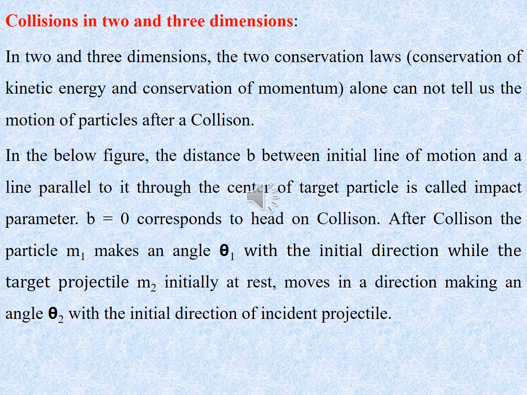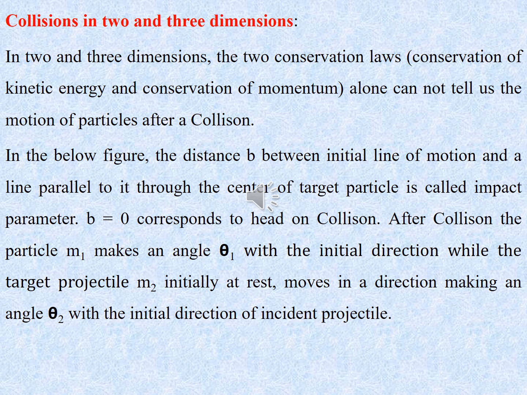In the below figure, the distance b between the initial line of motion and a line parallel to it through the center of the target particle is called the impact parameter. If b is equal to 0, it corresponds to a head-on collision.